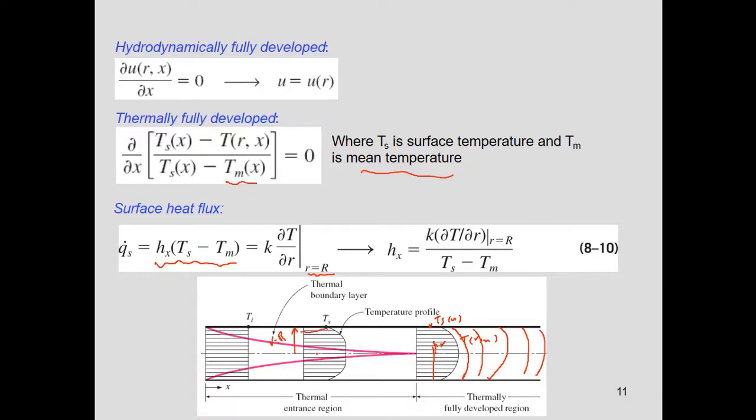So we have conduction, for example, from the center to near the wall in the fluid. It is equal to the heat transfer from the fluid to the wall of the tube. So we can write this equation. Then h(x) can be calculated by this equation, which we are interested in knowing.